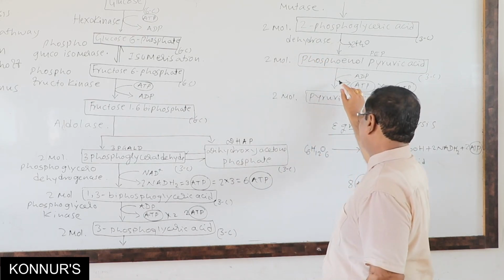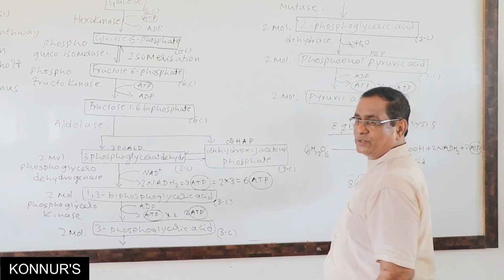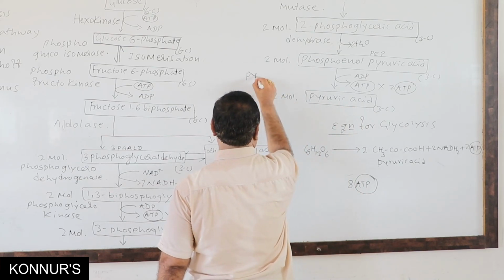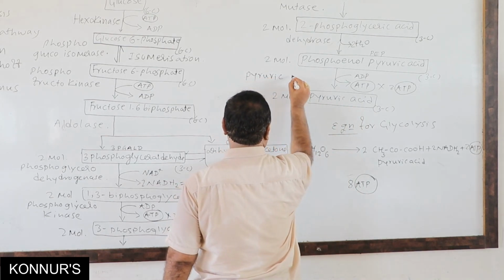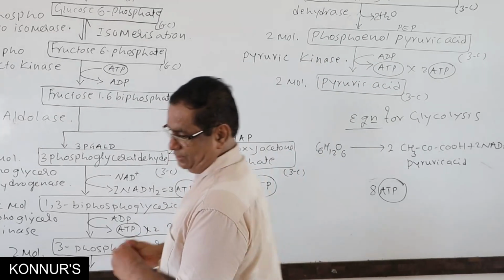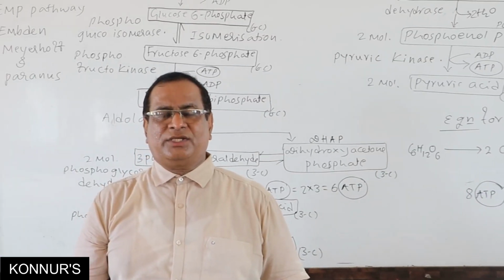And now in the final step, phosphoenol pyruvic acid produces 1 ATP, so this enzyme is pyruvic kinase.